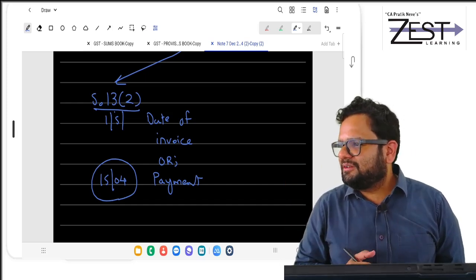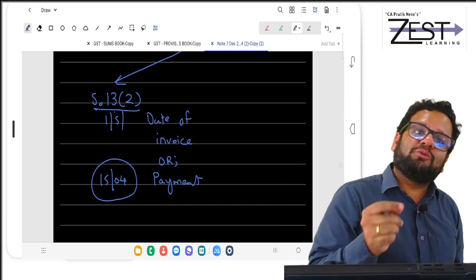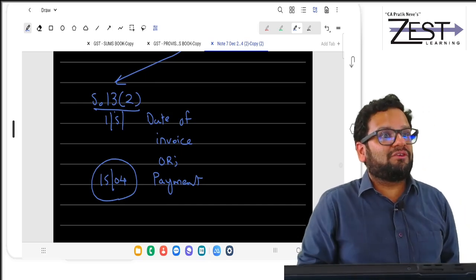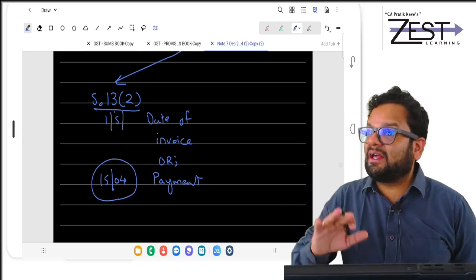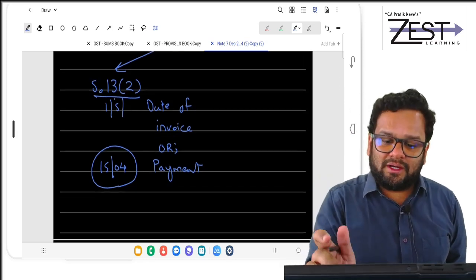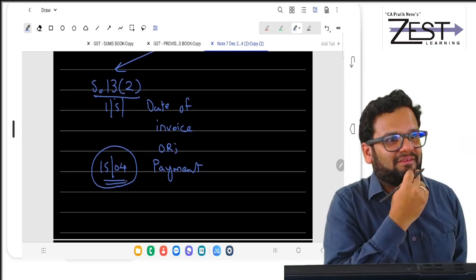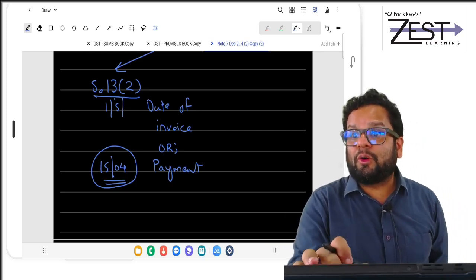Was my intention to pay the advance? Our intention was convenience. In our convenience, they are facing so much inconvenience because they have to identify this time of supply in between. So the government has given one option. What option has the government given?